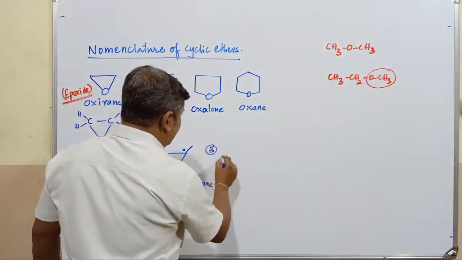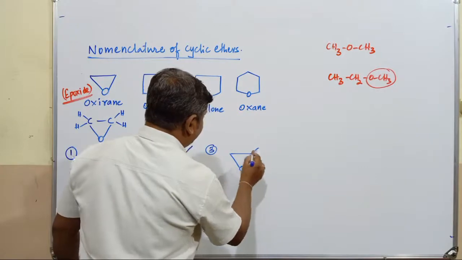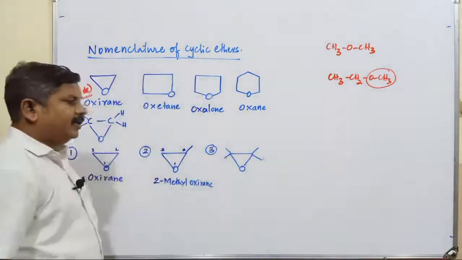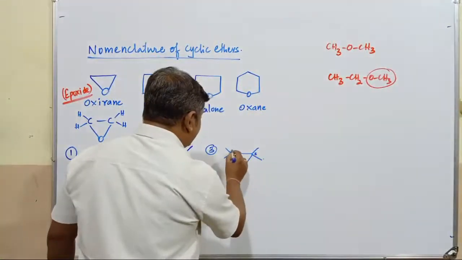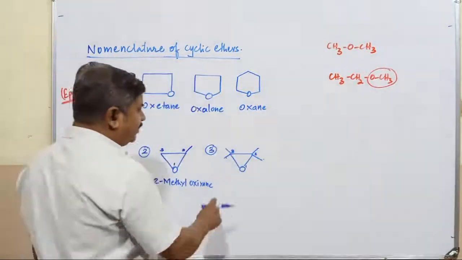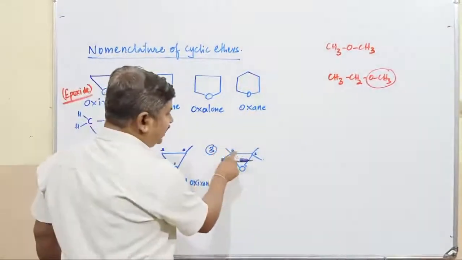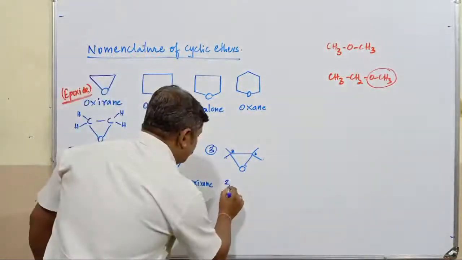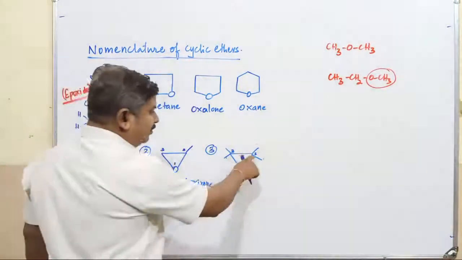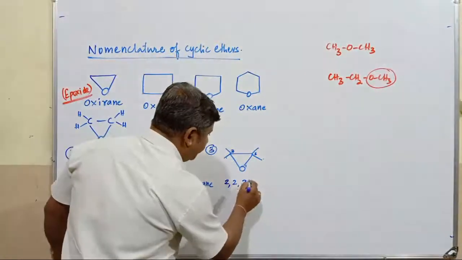Next, another compound I will consider here. One group is here and another group is present here. Now this should be number 1, this is second and this is third. What is the position of the methyl groups? Here one methyl, here one methyl, and another methyl. Totally 4 methyl groups are there. On the second carbon atom 2 methyl groups are there, and on the third carbon atom also 2 methyl groups are there.